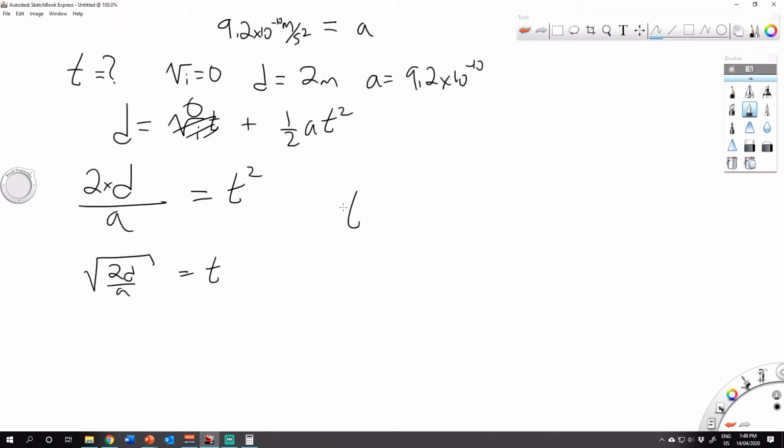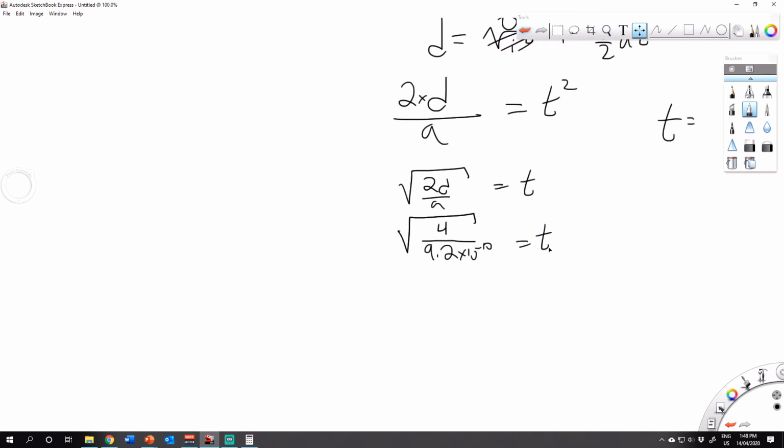All right, so let's calculate t. So 2 times distance, so that'll be 4, over my acceleration of 9.2 times 10 to the negative 10. That'll be t squared.